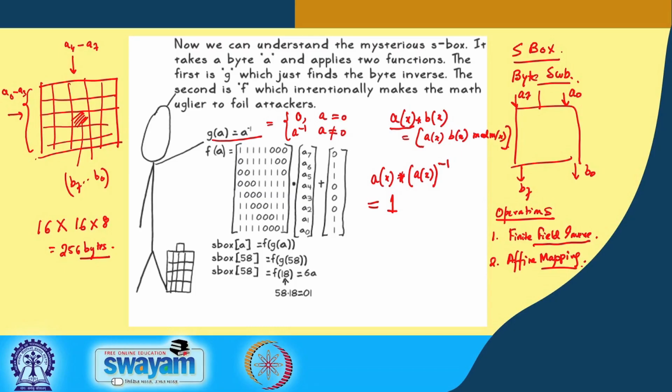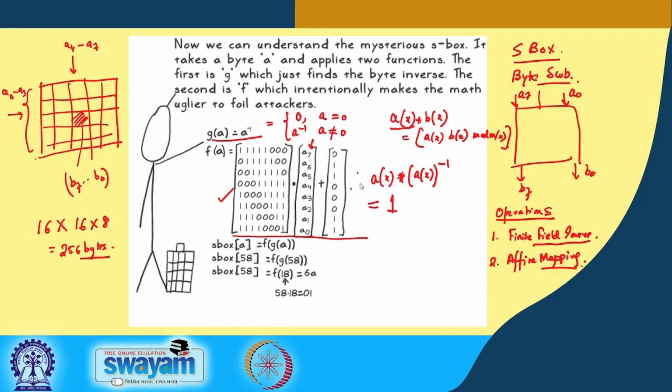Then it is followed by an affine mapping. In the affine mapping, I take the result A inverse and store it in the form of a vector of dimension 8, and multiply it with a constant matrix of size 8 cross 8, filled with elements belonging to zeros and ones. This is a part of the specification, so it is a constant matrix.